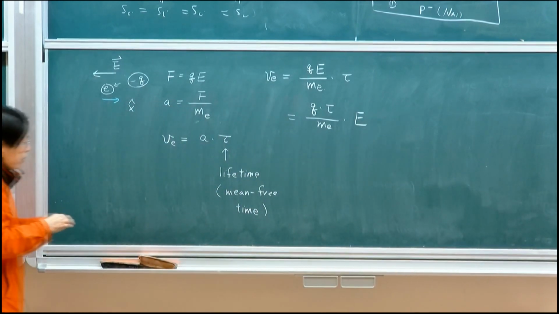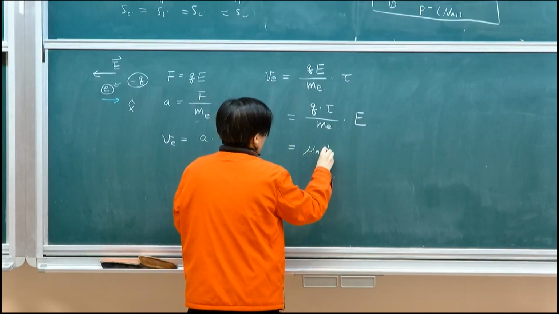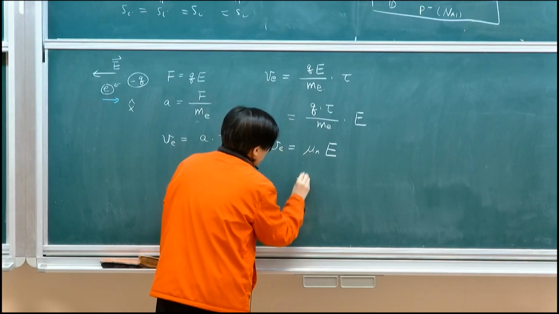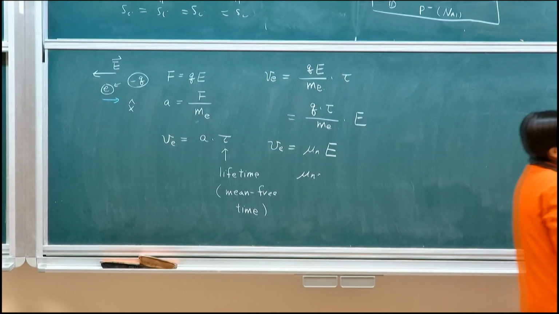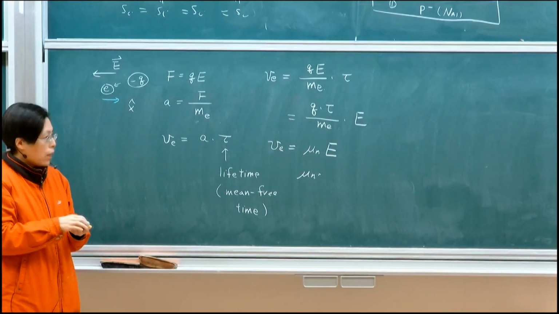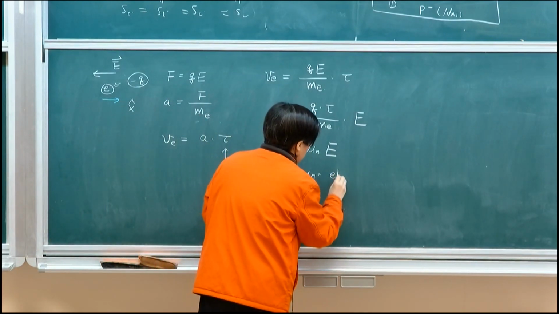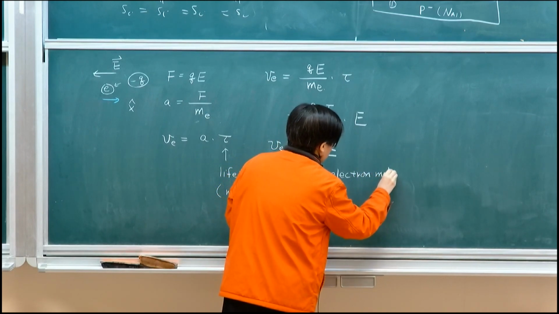So this would then become mu n E, where mu n is defined as the slope. As I said, this is the slope, the correlation between speed and electric field. So this is called electron mobility.